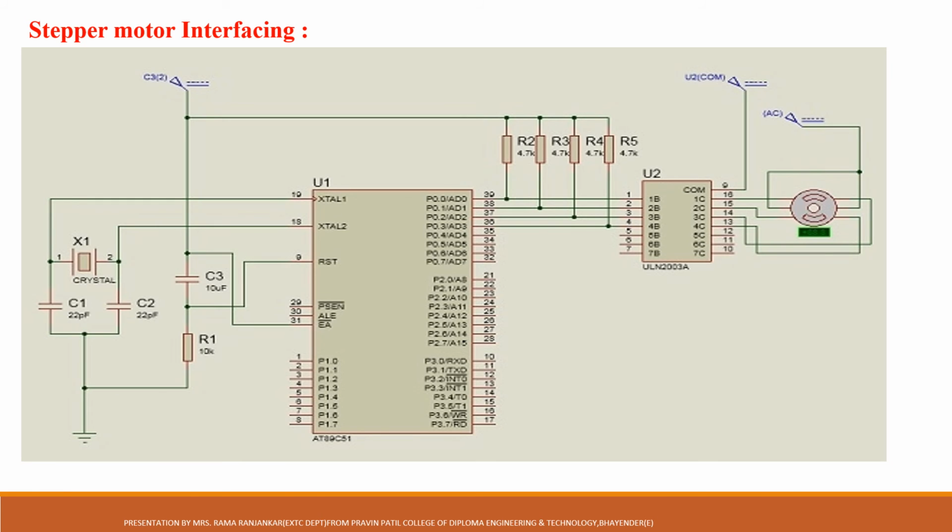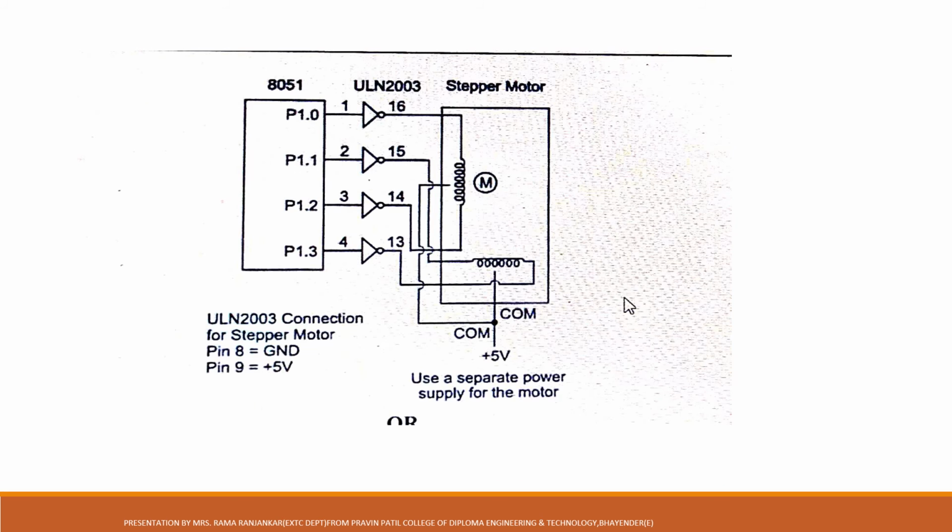So the stepper motor is connected through the driver IC. You can also refer to this type of diagram. Here port 1 is used. Now the drivers are there and the stepper motor is interfaced with the 89C51 microcontroller.